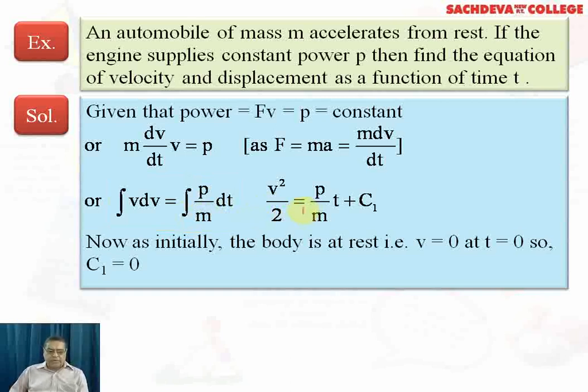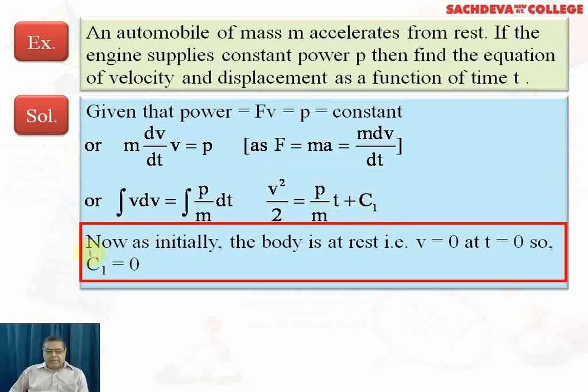So the integration of v dv is given as v square over 2, and in the integration of P over m dt, P over m is taken out of the integration sign, and then we integrate 1 with respect to t. So v square over 2 will be equal to P over m multiplied by t plus c1, where c1 is called the integration constant. Now, as initially the body is at rest, v is equal to 0 at t equals 0.